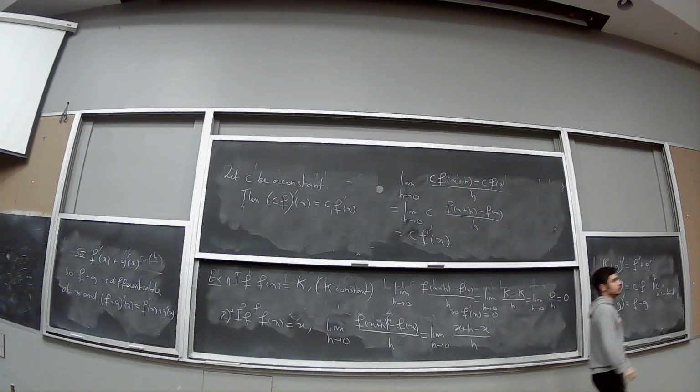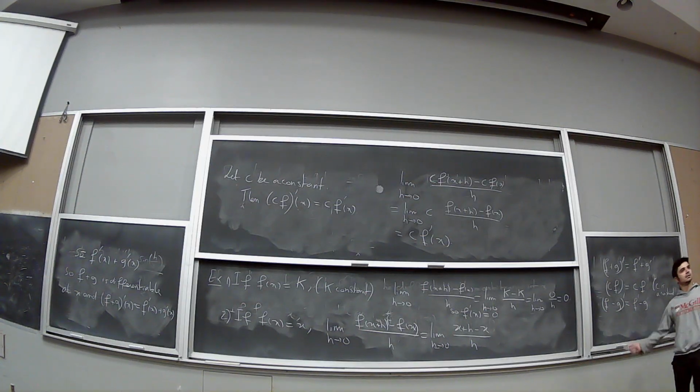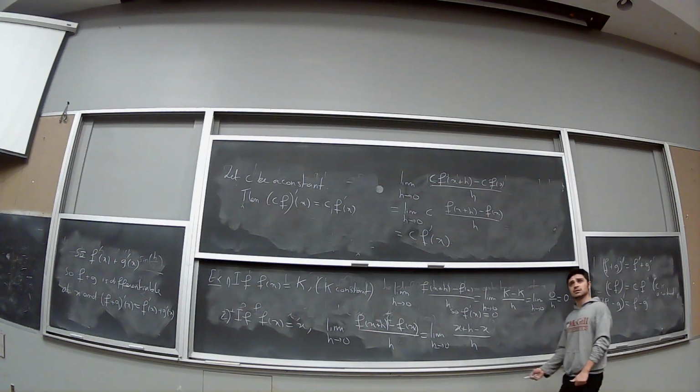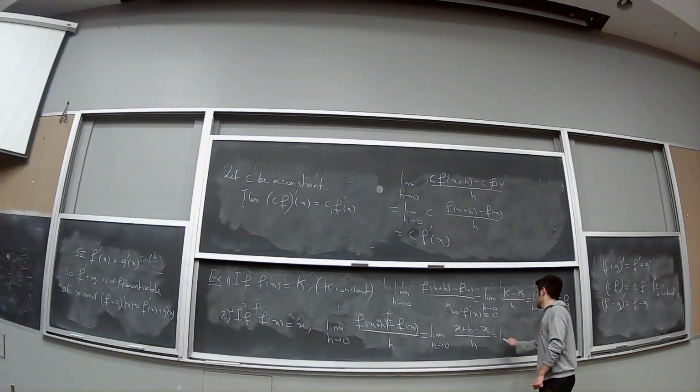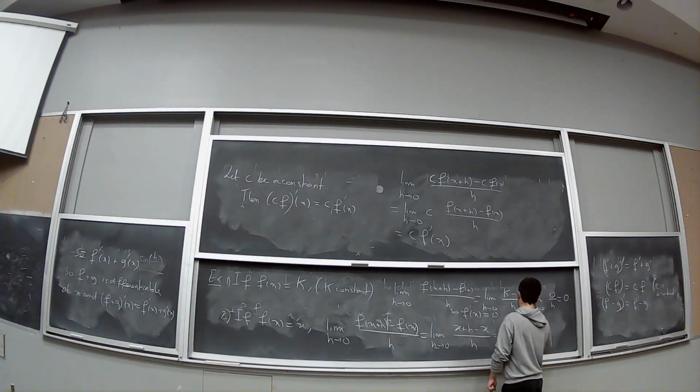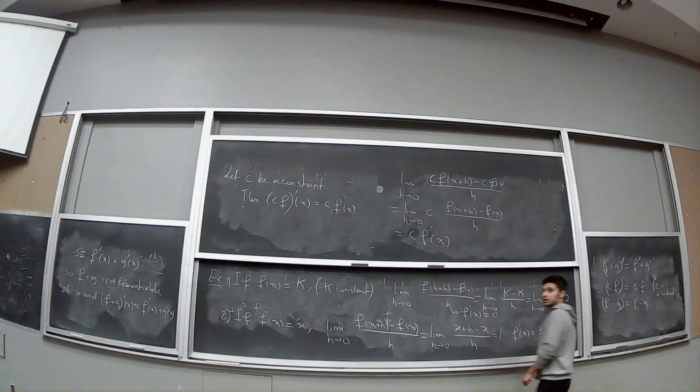This is just equal to 1, right? X plus h minus x over h is equal to h over h, which is equal to 1. Everybody, we see that? So if f of x is equal to x, then f prime of x is equal to 1. Okay? Any questions?